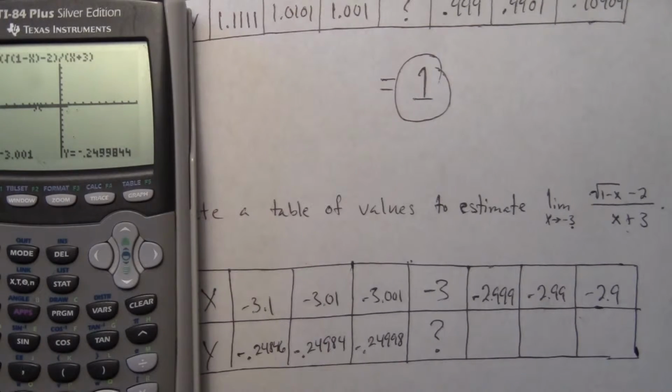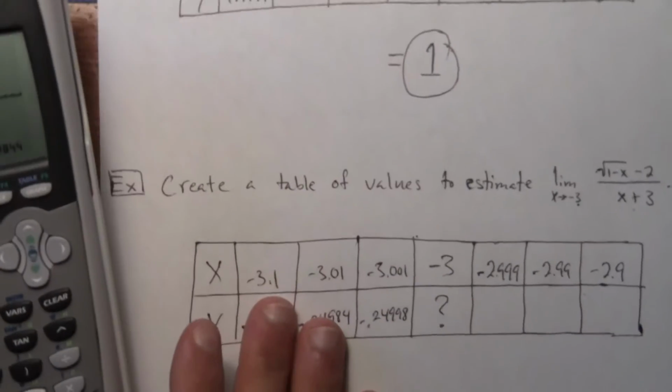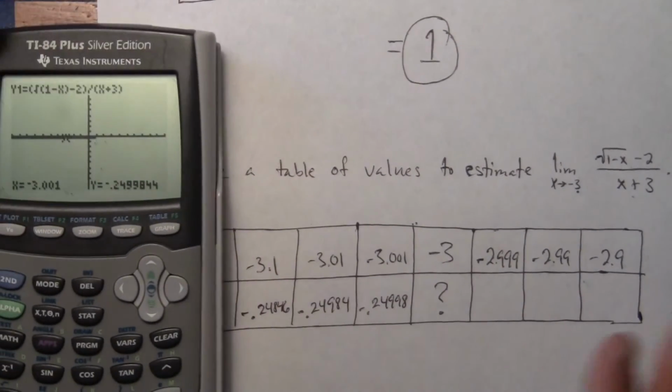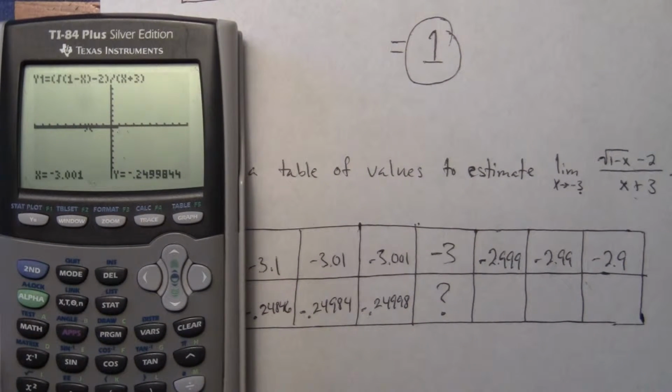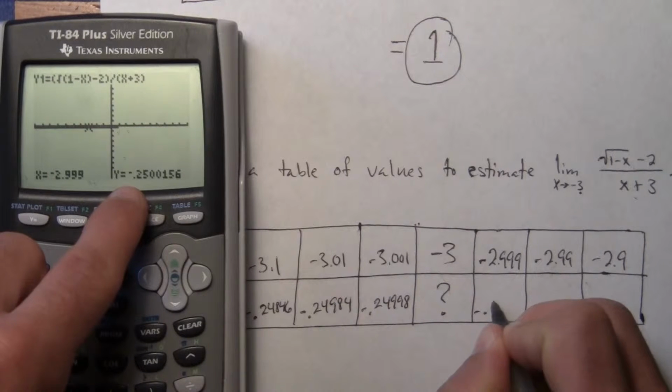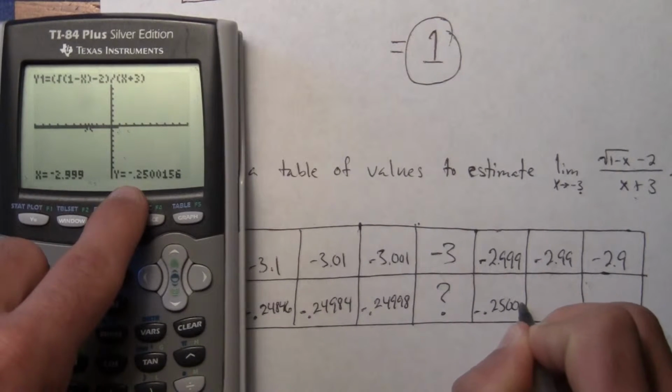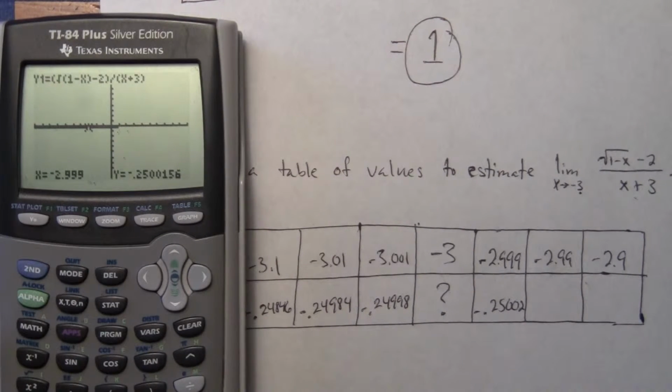All you got to do is just sit there and keep entering the next number in, which is helpful anytime you have to make a table of values for any function. Go ahead and type in negative 2.999, hit enter, and it's negative 0.25002, let's say.